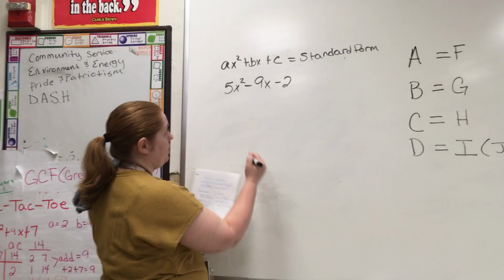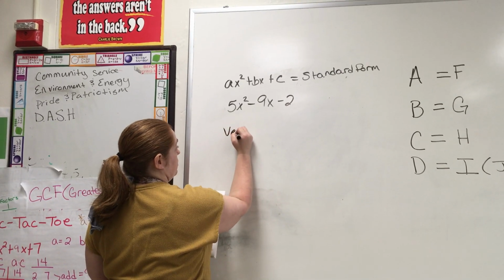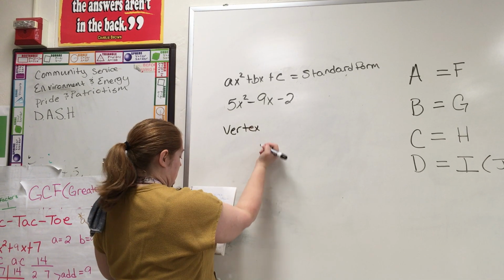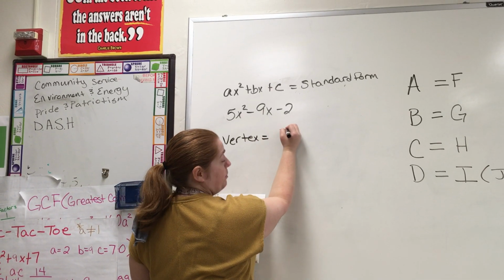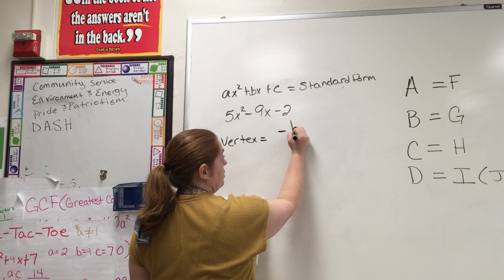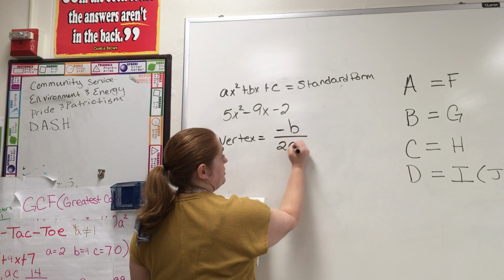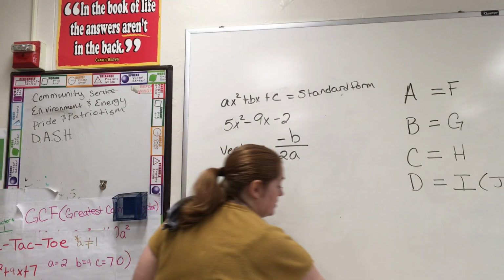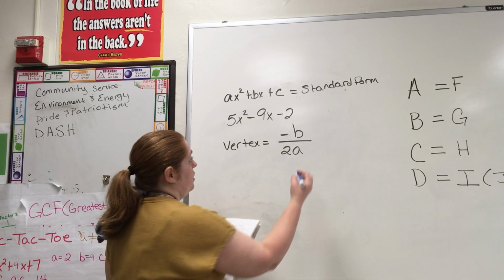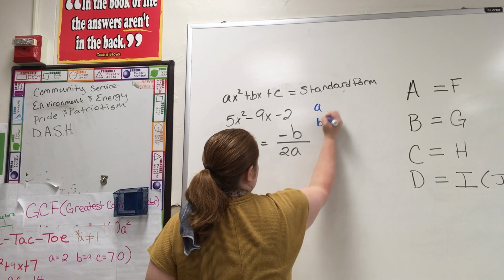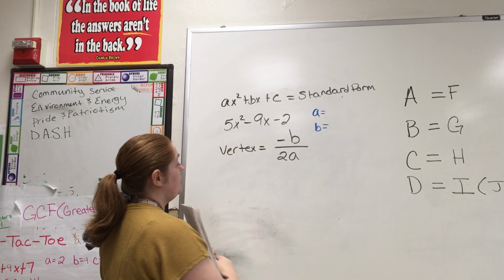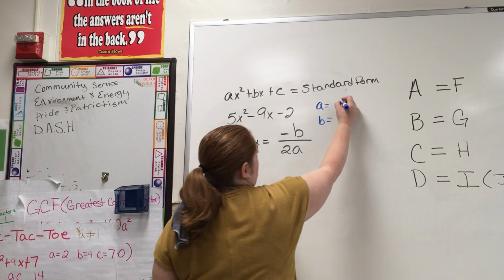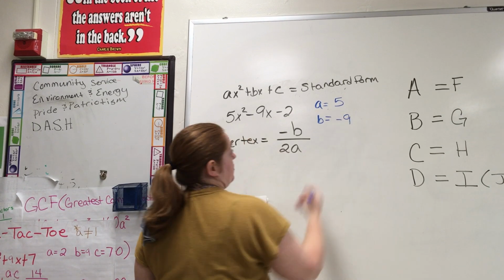So the formula to do that is this: the opposite or the negative of b all over 2 times a. So what we have to do when we're doing this is we have to be able to determine what a is and what b is. Well, in this case, a is 5 and b is negative 9.